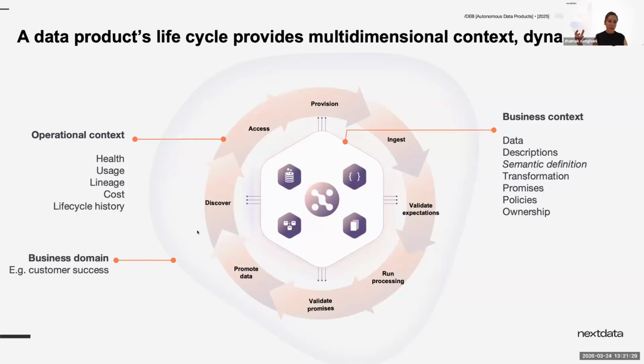So if you look at this diagram, you see that data products are bounded by a business domain, like here, customer success or customer feedback, whatever those domains are. And as the data product runs autonomously and aggregates and classifies the customer sentiments, it provides the data, the description of that data, the semantic definition of customer sentiment, what constitutes customer sentiment, agnostic to the storage, and what promises we're making about this customer sentiment, for example, being a cross-channel sentiment that we're providing no matter where the customer came from.